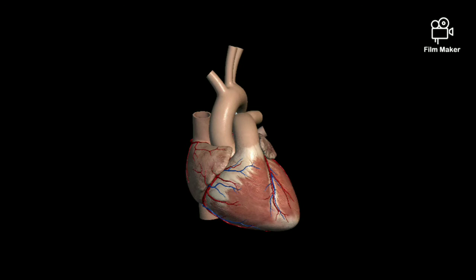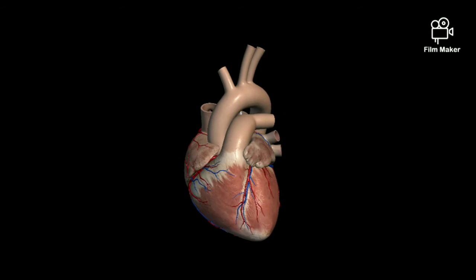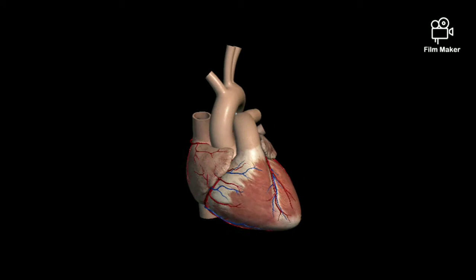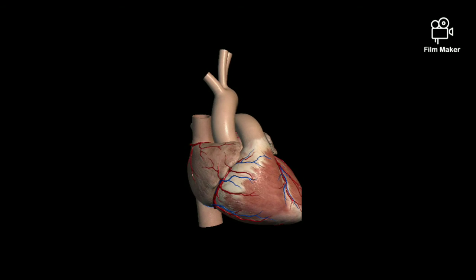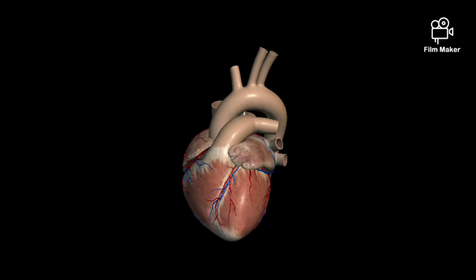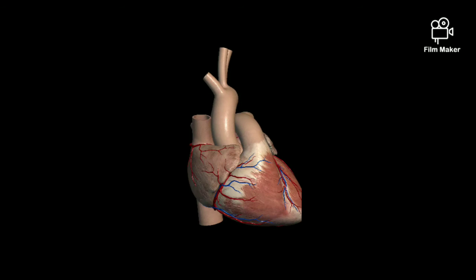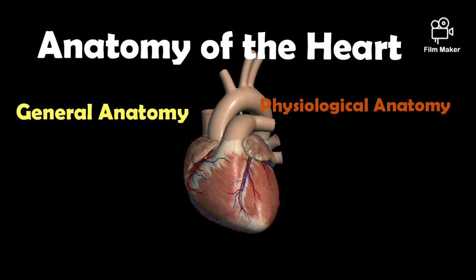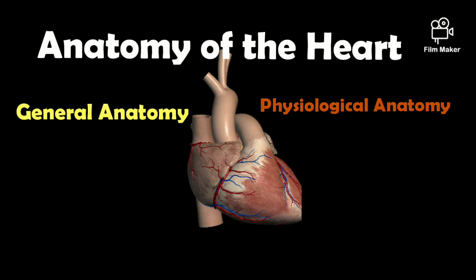In this article, we shall look at the surface anatomy of the heart and discuss the clinical relevance of these features. Okay, so first we will discuss the anatomy and physiology of the heart.